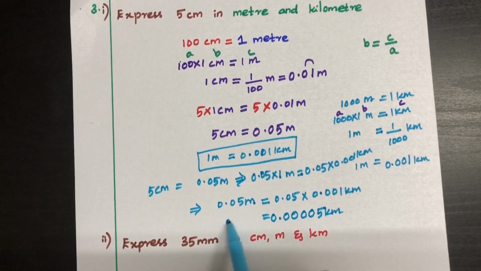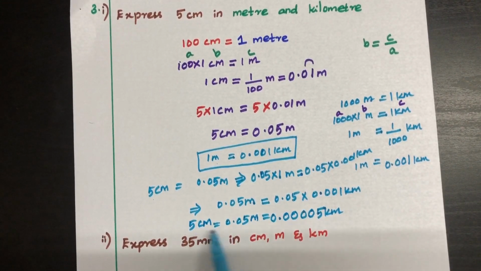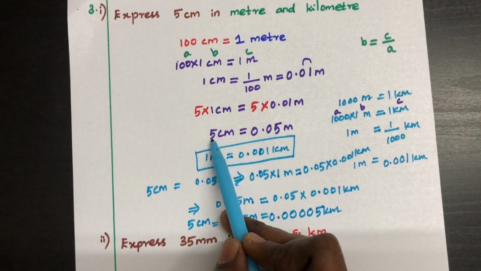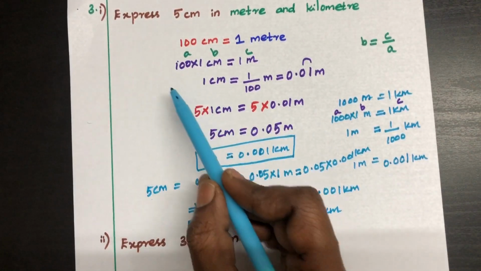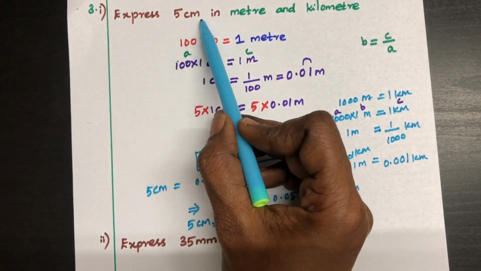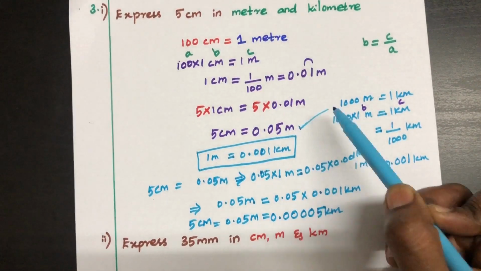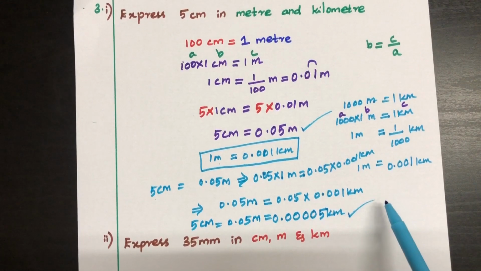So 0.05 meter is nothing but 5 centimeter. So 5 centimeter is equal to 0.00005 kilometer. Similarly, 5 centimeter is equal to 0.05 meter. So we have expressed this 5 centimeter in meters and kilometers also.